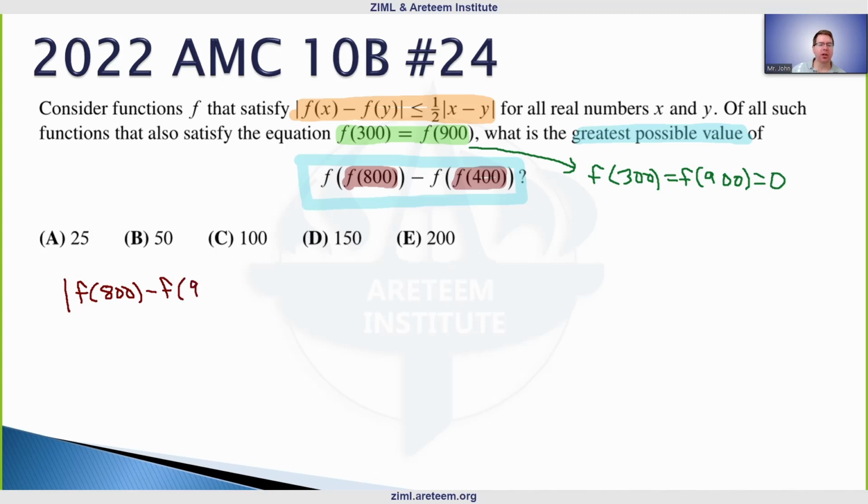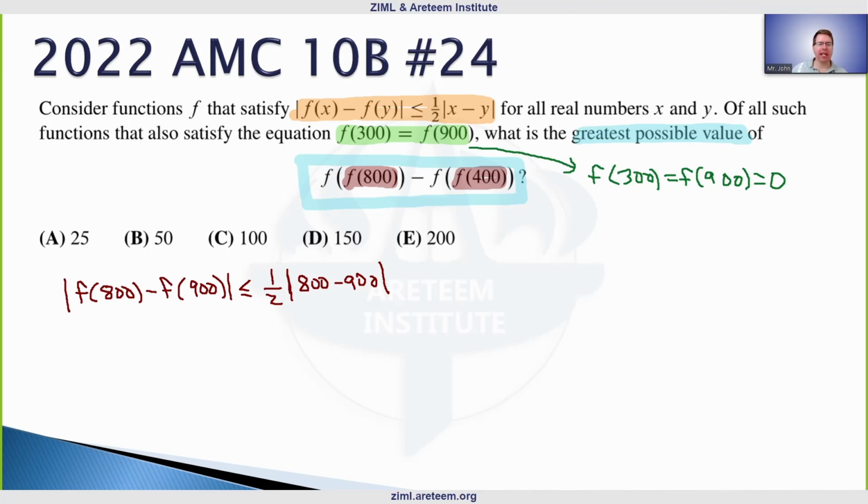And here's where you see why us choosing 0 was the quote-unquote best choice there, because this is going to simplify nicely, and then this is less than or equal to 1/2 times the absolute value of 800 minus 900 there. So let me make that absolute value a little bit more pronounced in that scenario so we don't confuse it with a 1 or something.